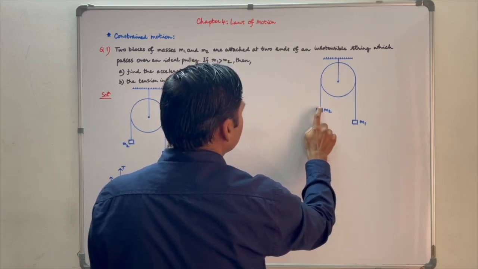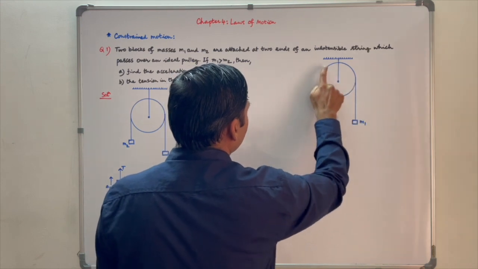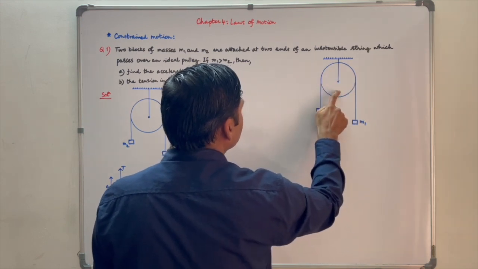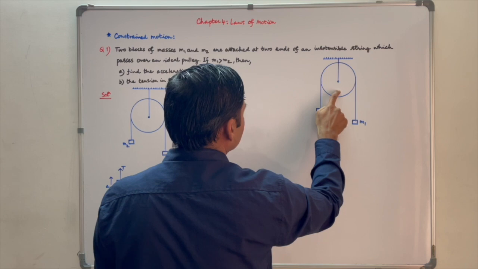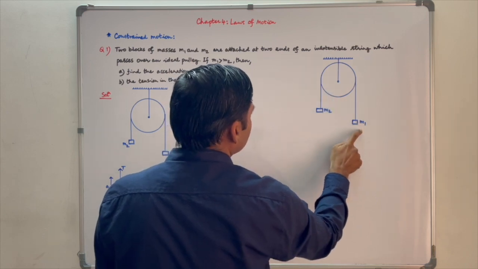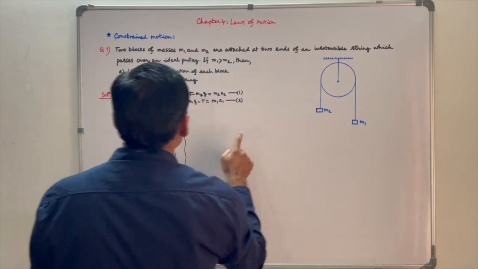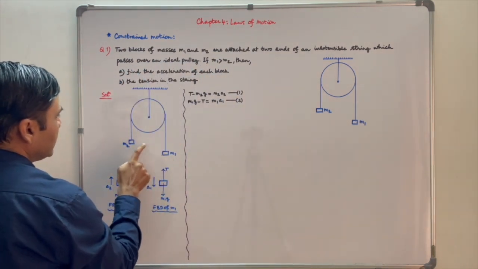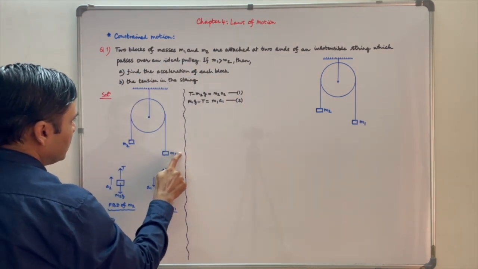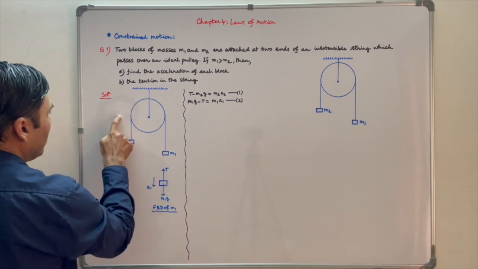Light means we don't have to consider its weight, and inextensible means its length is fixed. It doesn't change. This string is passing over an ideal pulley. Ideal pulley means it is massless and frictionless. We have to figure out acceleration of these blocks and tension in this string. It is given that m1 is greater than m2. So m1 will come down and m2 will go up.